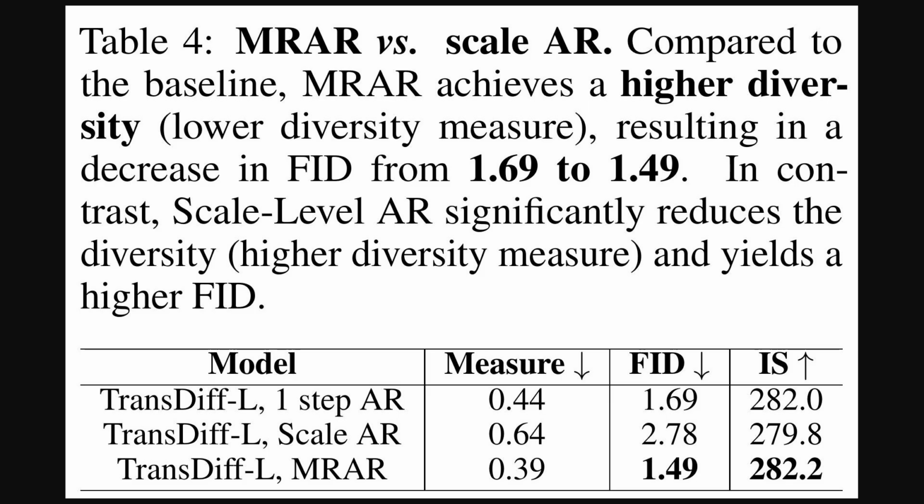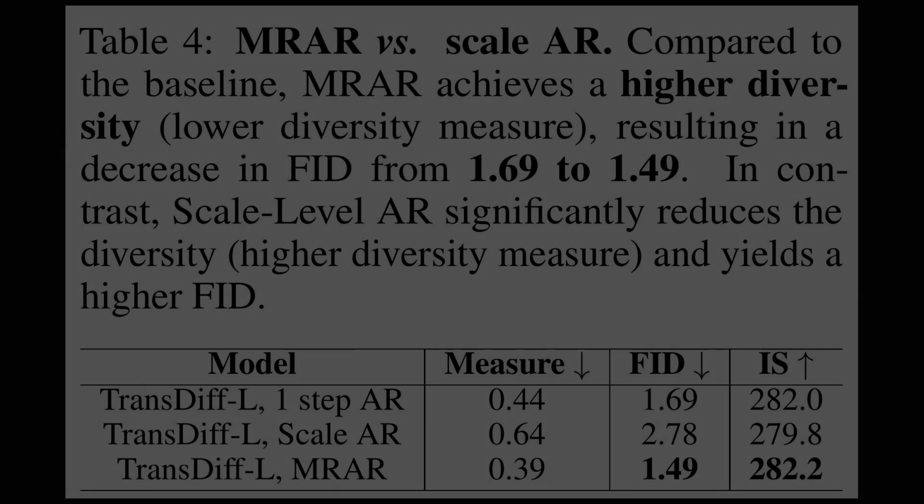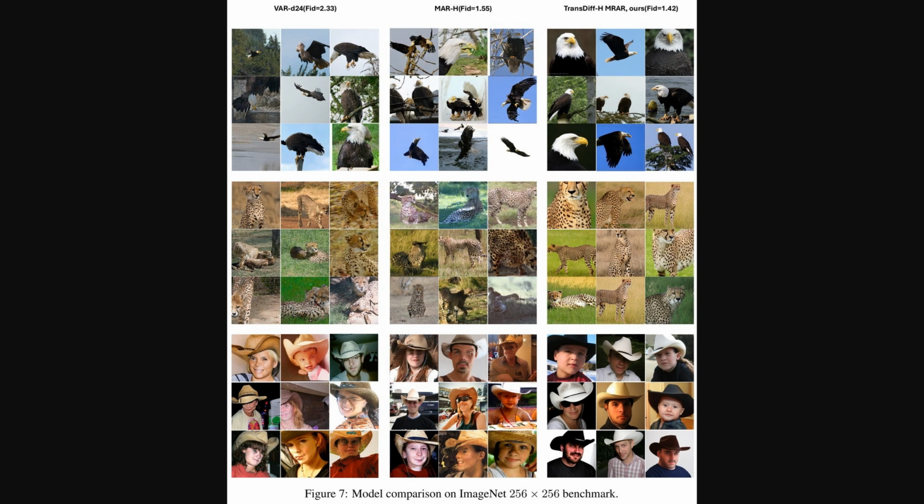As you can see, multi-reference autoregression achieves the lowest diversity score, which then translates directly to the best Fréchet inception distance of 1.49. This result really supports the idea that referencing multiple images helps the model generate richer ideas, leading to higher quality pictures.